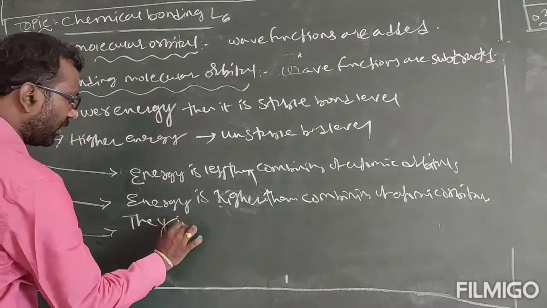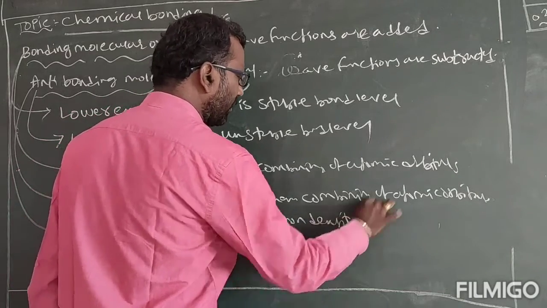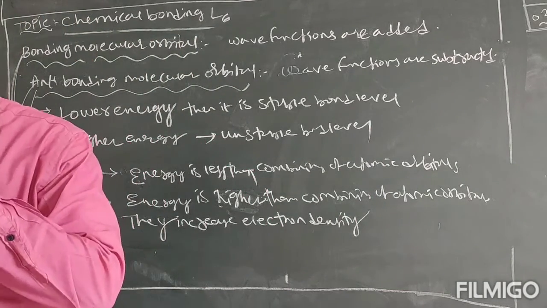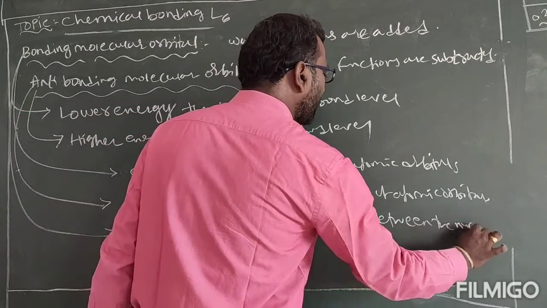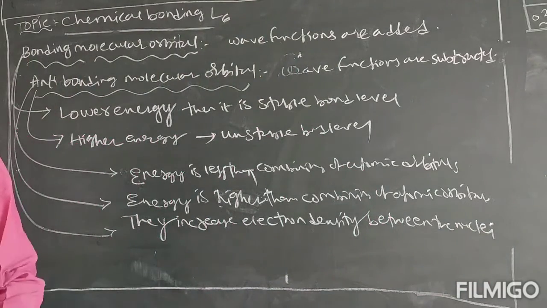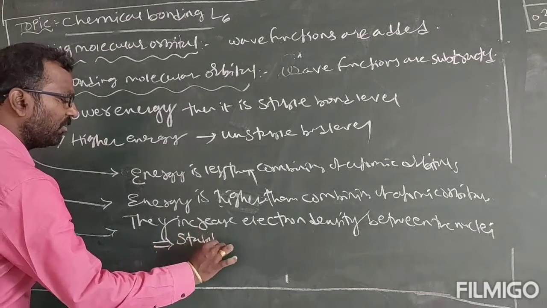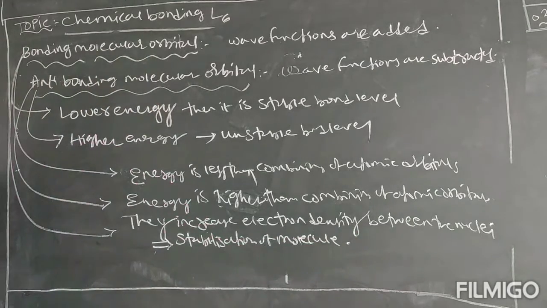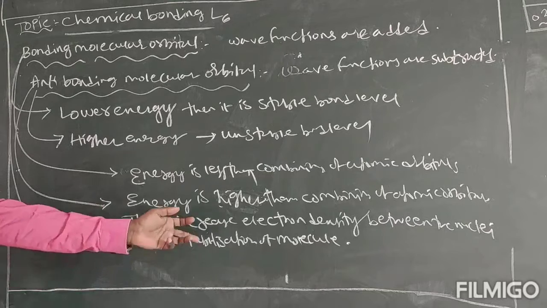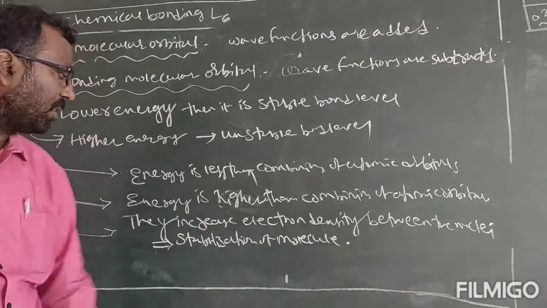Bonding molecular orbitals increase the electron density between the nuclei, and once the electron density between the nuclei is increased, it results in the stabilization of the molecule.